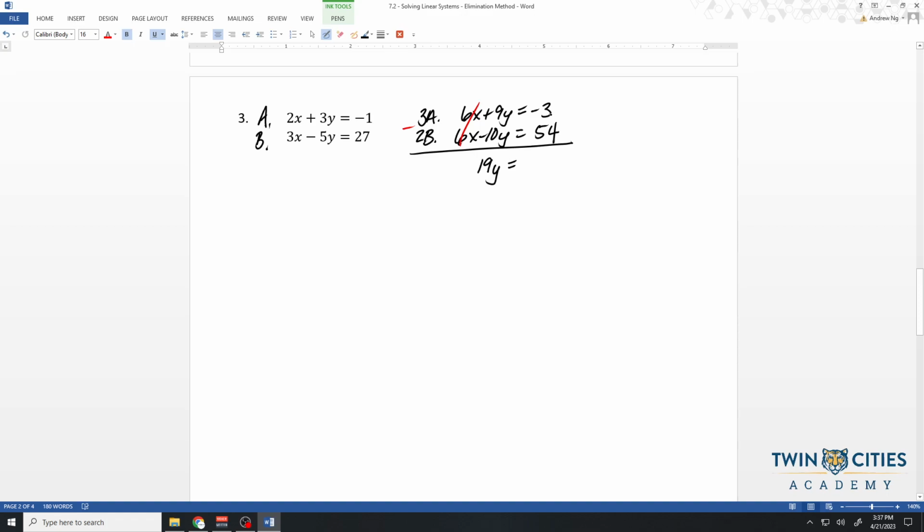This is equal to negative 3 minus 54 is negative 57. Divide both sides by 19. y is equal to negative 57 divided by 19 is negative 3.